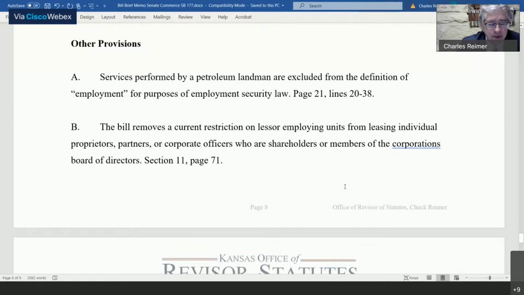There are a couple of other provisions that are just kind of added into this bill. These are both from bills from last year. One is that services performed by a petroleum landman are excluded from the definition of employment under the UI law.